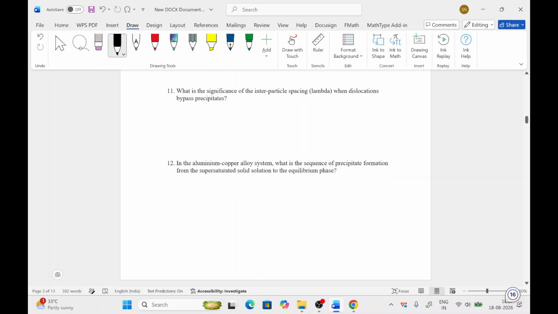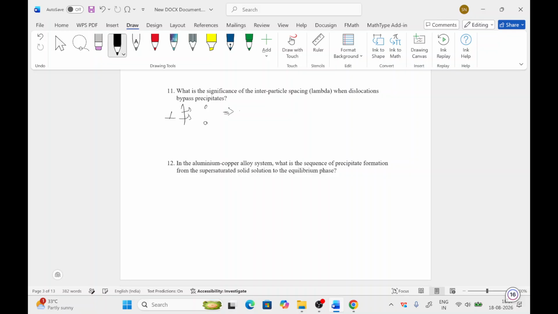Next question is, what is the significance of interparticle spacing when dislocations bypass precipitates? Small precipitates are sheared by dislocations, but when coarse precipitates face the dislocation, consider two coarse precipitates with the dislocation line moving in this direction.